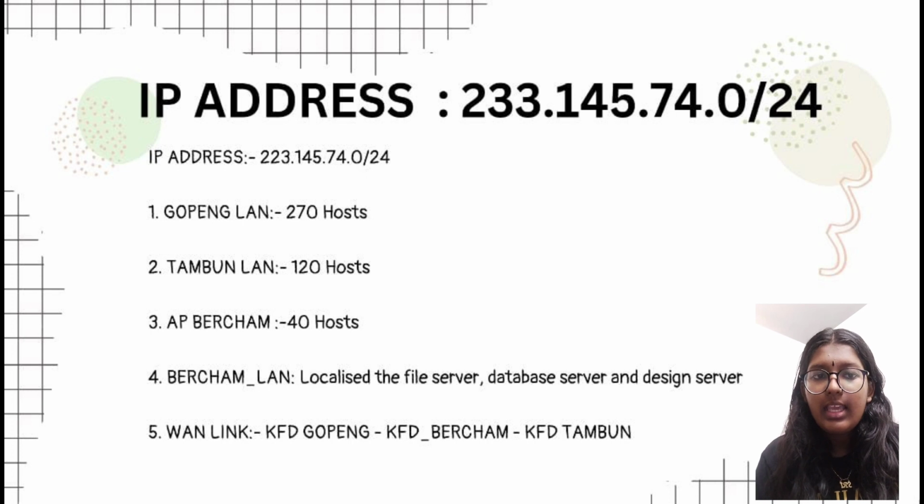The third is AP Bercham, which needs 40 hosts. The fourth is Bercham LAN, which localizes the file server, database server and design server. The fifth one is the one LAN, one link, which just connects KFD Gopeng, KFD Bercham, and KFD Tambur.